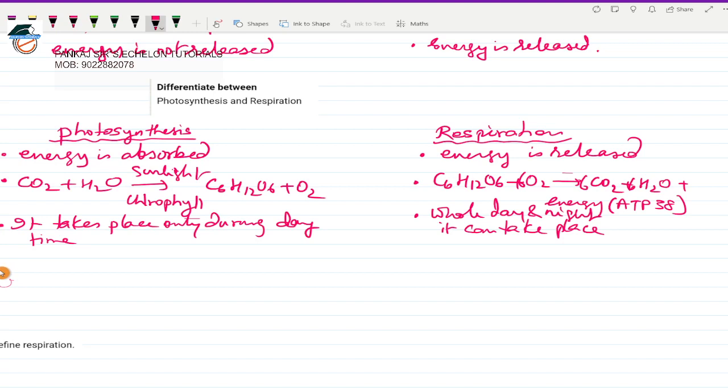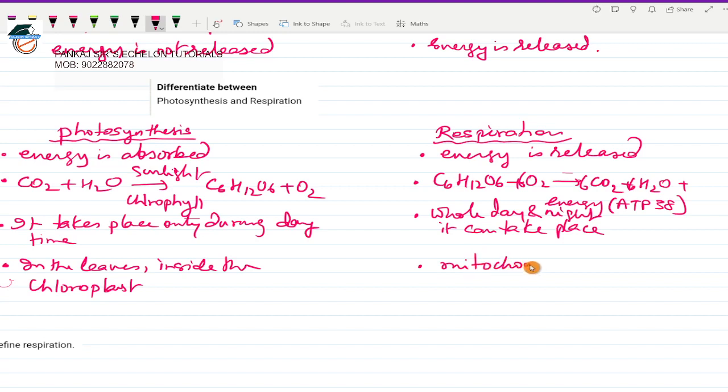Photosynthesis takes place inside the chloroplast in the leaves, and respiration takes place inside the mitochondria in the cells.